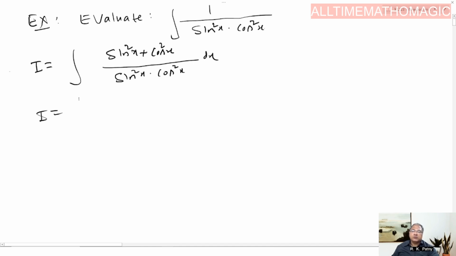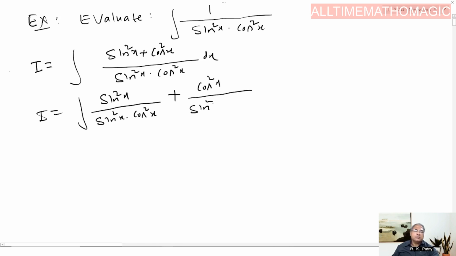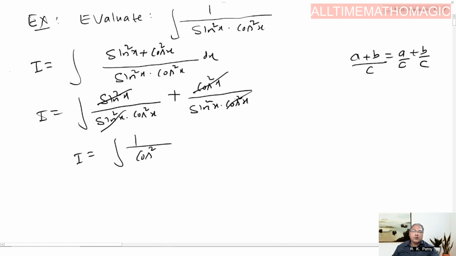This can be written as sin square x upon sin square x dot cos square x plus cos square x upon sin square x dot cos square x. Here I have utilized the formula a plus b upon c equals a upon c plus b upon c. Here sin square cancels, here cos square cancels, then I equals integration of 1 upon cos square x plus 1 upon sin square x with respect to x.